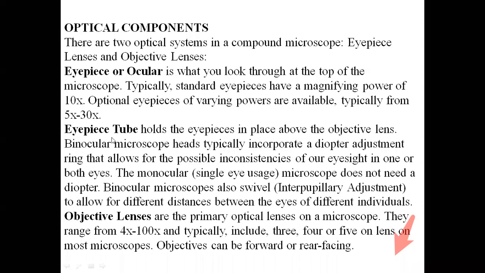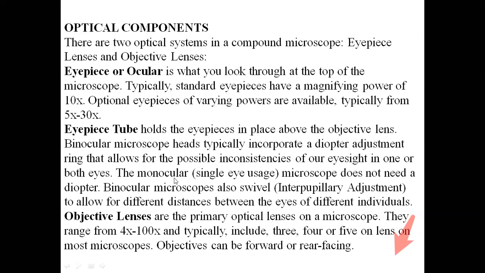Then second, just below the eyepiece, is the tube portion. The eyepiece tube holds the eyepieces in place above the objective lens. Binocular microscope heads typically incorporate a diopter adjustment ring that allows for possible inconsistencies in our eyesight in one or both eyes. The monocular, that is, one-ocular microscope, does not need a diopter, like the instrument you saw in the first slide, which is monocular.